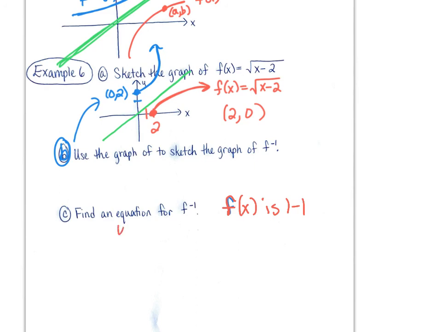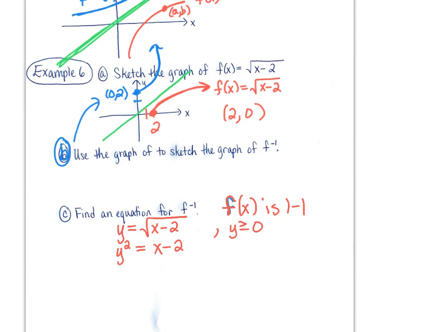And now we follow our steps that we just talked about for finding the inverse of a function. We have y is equal to the square root of x minus 2. Notice that y has to be greater than or equal to 0, because the radicand has to be greater than or equal to 0. So we square both sides. That gives us y squared is equal to x minus 2. Remember, now we're solving for what variable here?